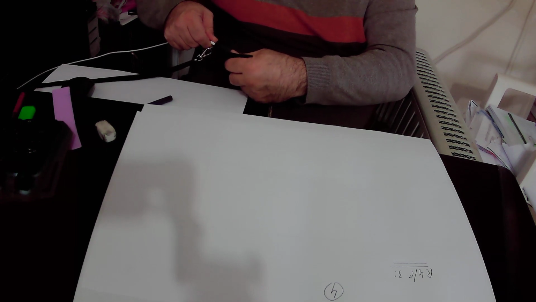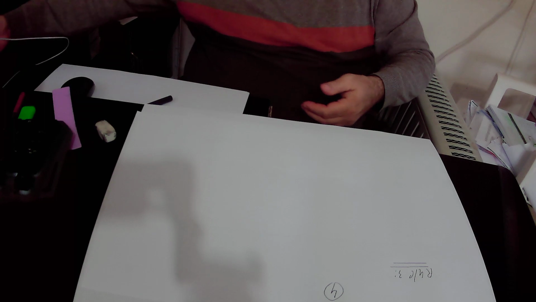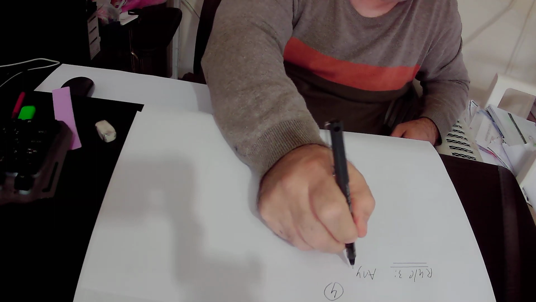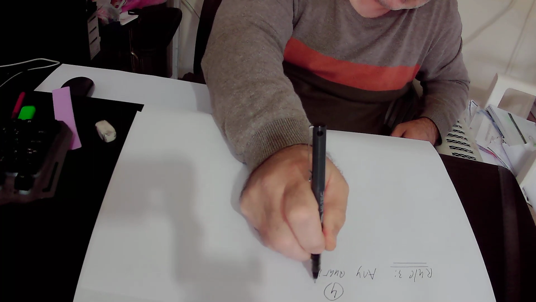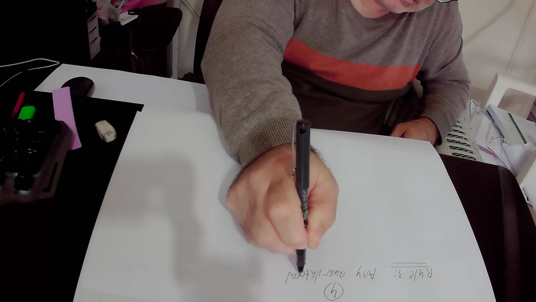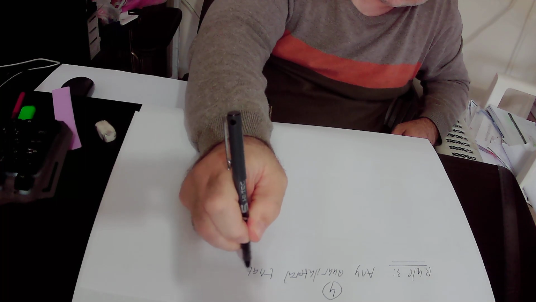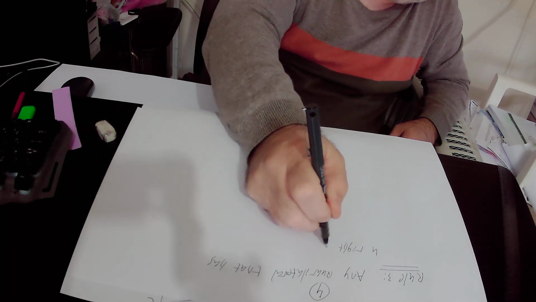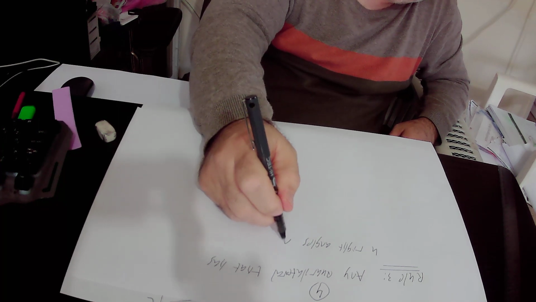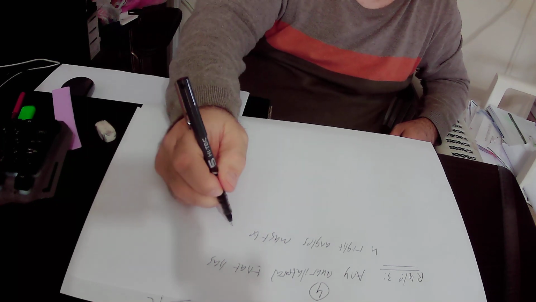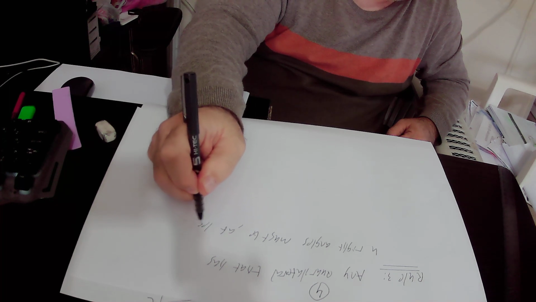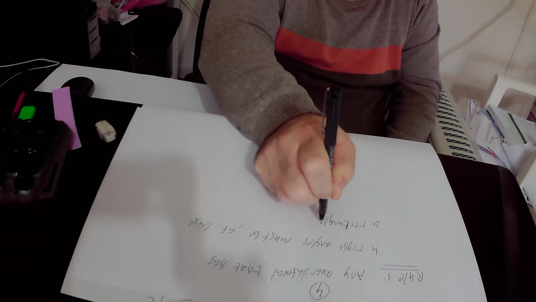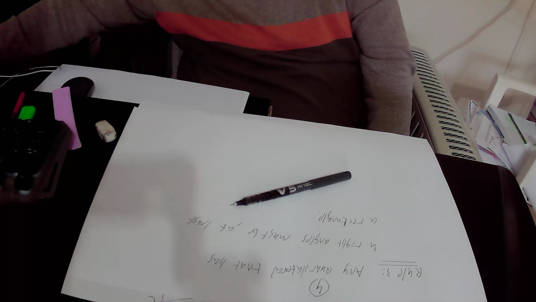According to rule number 3, any quadrilateral that has four right angles must be at least a rectangle, if not a square.